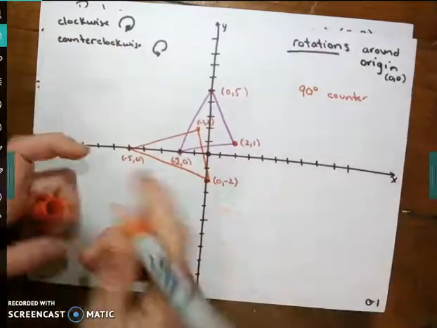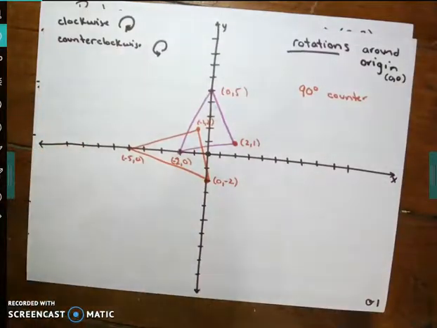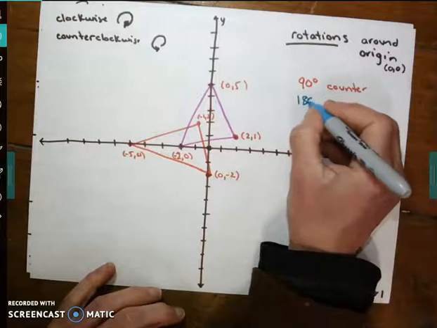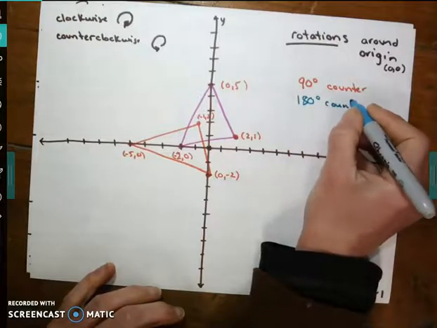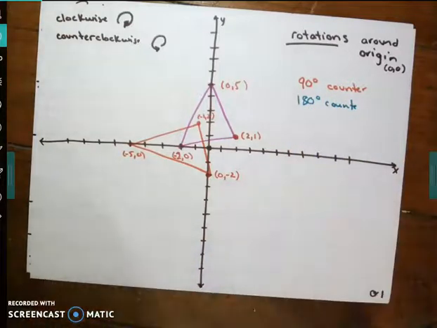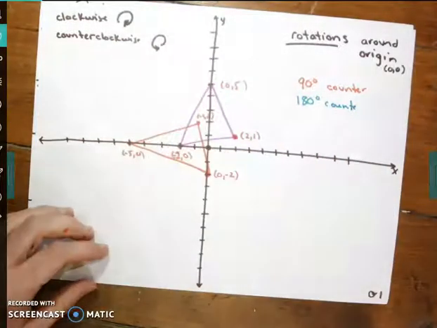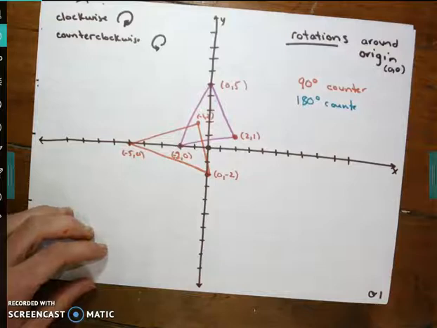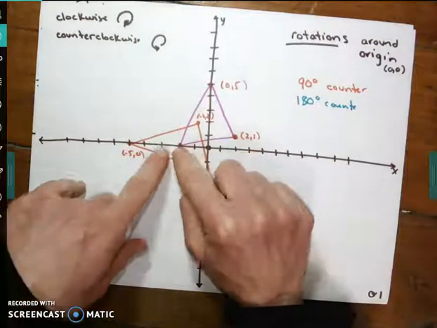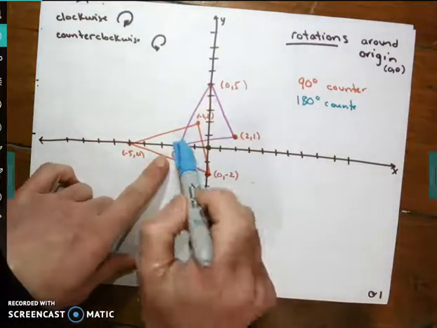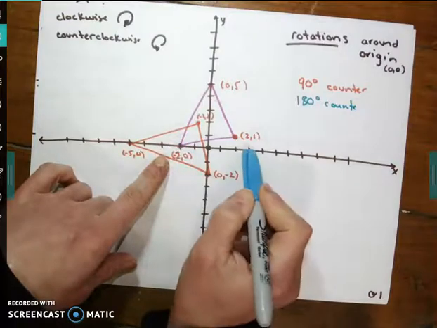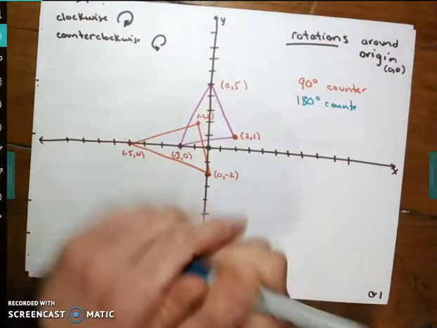Now to rotate 180 degrees counterclockwise means we go a complete 180, completely to the other side. So where would this point go? -2, 0 would go 180, so it would go to the other side.